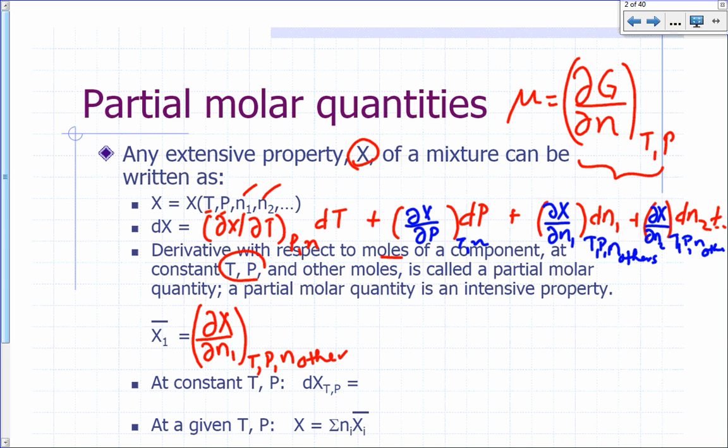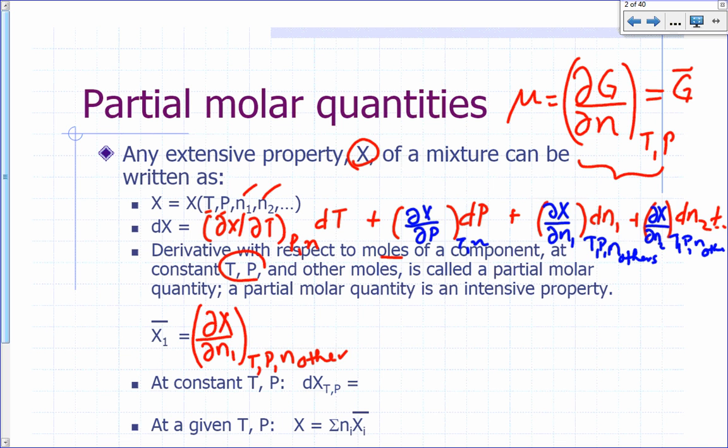Okay, so we use a bar above the symbol for the quantity to indicate partial molar quantity. So chemical potential can also be written as G bar.